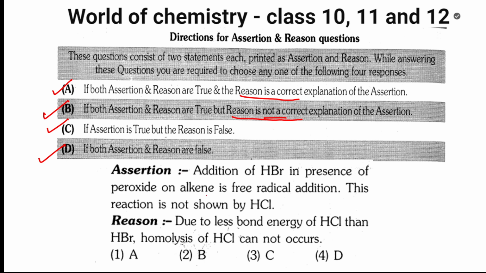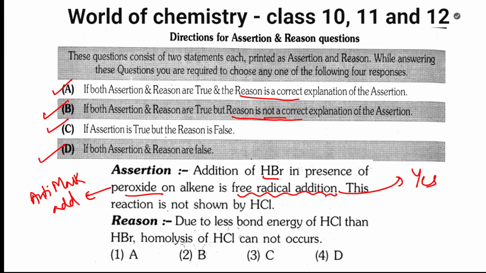Let us start if this question is given to you. Assertion: addition of HBr in the presence of peroxide on alkene is free radical addition. Reason: this reaction is not shown by HCl. First of all, they are asking about HBr in the presence of peroxide. HBr in the presence of peroxide is anti-Markovnikov addition, correct? They said it's a free radical addition. Yes, it is, and I'm going to explain why. Next, this reaction is not shown by HCl. This also is true.